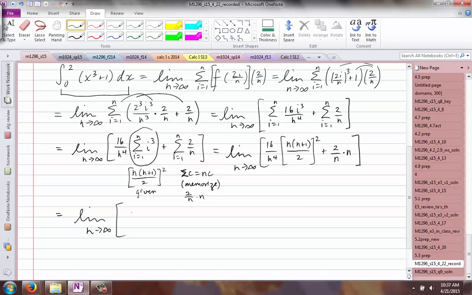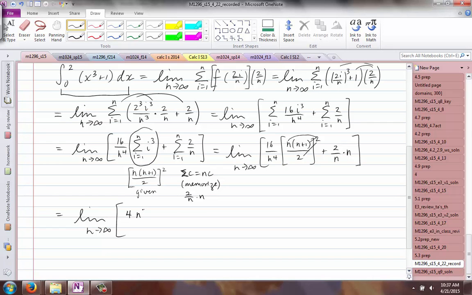I noticed a few things, like I need to bring in my square. 16 halves is 8. I can do that. So I have 8n squared times the quantity n plus 1 squared. Oops, I did something bad here. Backtrack. It's actually 2 squared in the denominator. So you need to use the exponent properties to bring in the squared. So 16 divided by 4 is 4.